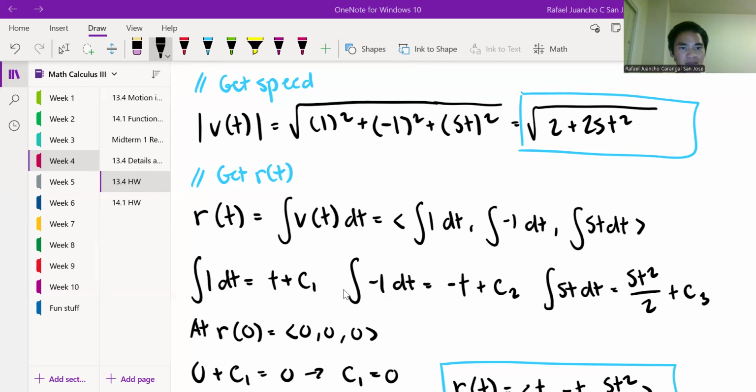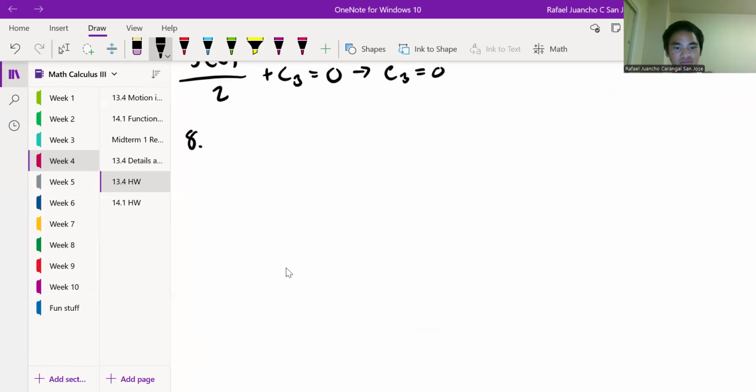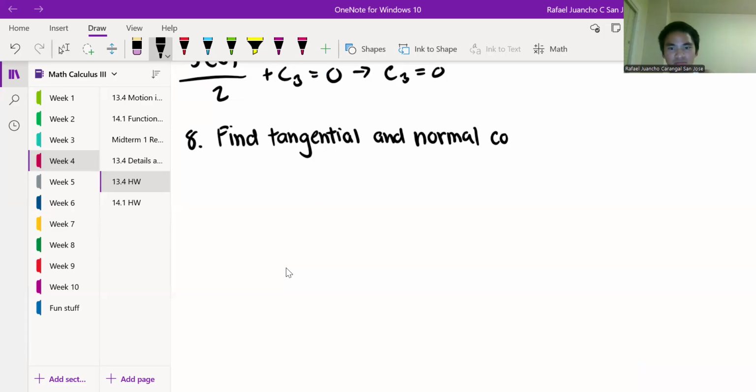Nice. Okay. Number 8. We have what? 4 more problems to go. We can do this. So here I'm being asked to find the tangential and the normal components of my acceleration vector.